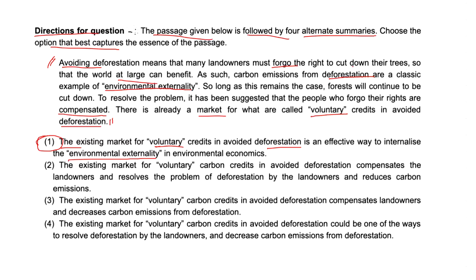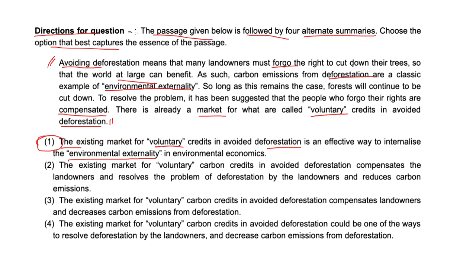Now, if you look into it, option 1 is too generic. It focuses on the effectiveness of the existing market, without specifically addressing the issues of deforestation, landowners, incentives, or the potential role of voluntary credits.